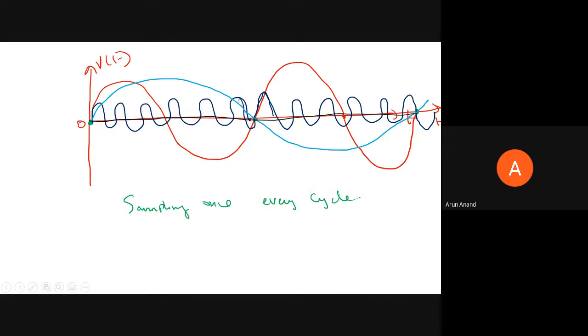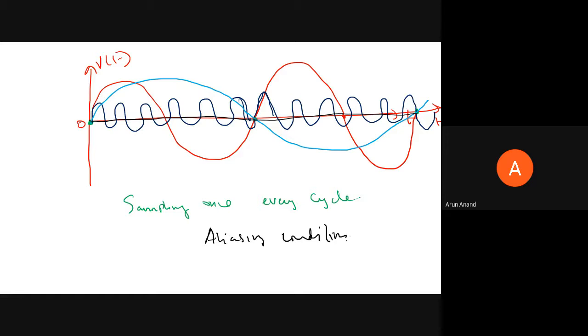Any of these I have drawn, and of course there can be infinite solutions, are a solution because all these waveforms go through the sampled points. Correct? This condition is called the aliasing condition.